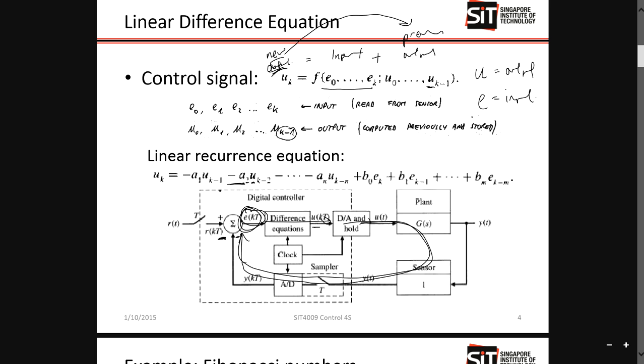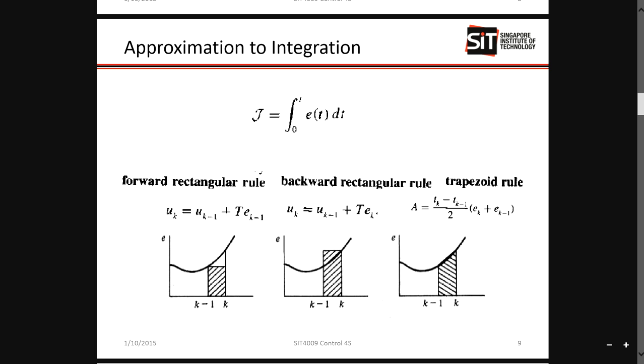But as for integration, it's all talking about U and E now. So therefore U, let's talk about it as output, E as input. So later on when we talk about it, it's easier.